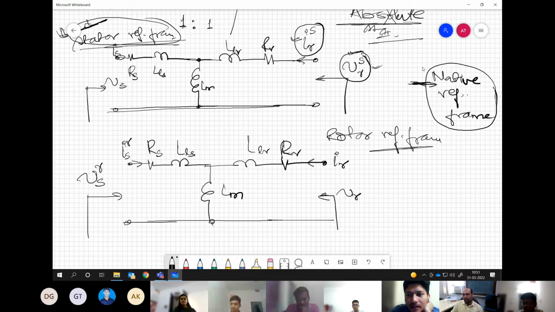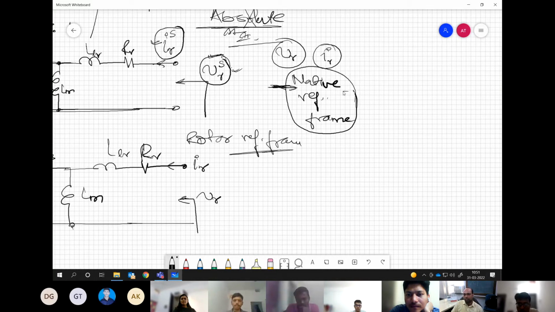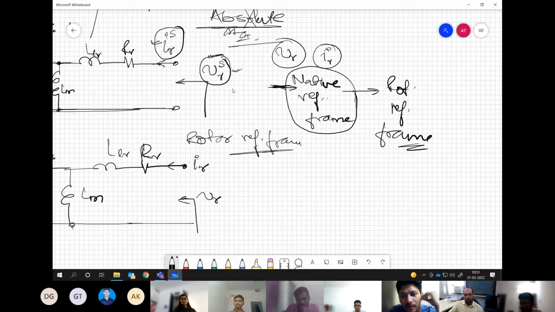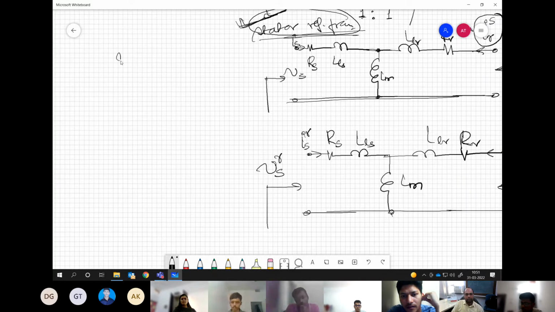Let's say if I talk about rotor quantities IR and VR, what will be the native reference frame? Rotor reference frame. And if I talk about VS and IS, what will be the native reference frame?